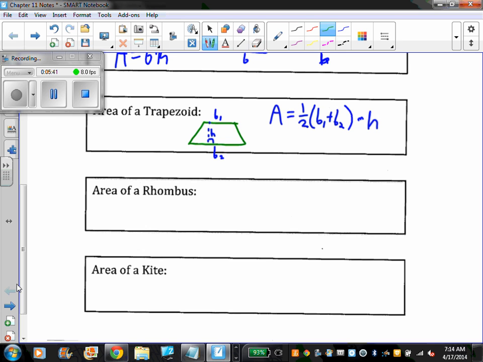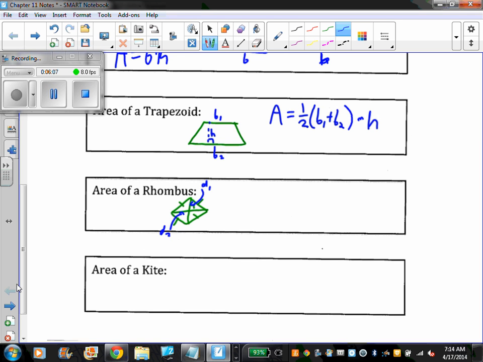When you have a rhombus, remember one thing we talked about in a rhombus, besides the sides having all the same length, is the idea of diagonals, which is where we go kind of across the shape. And we talked about how diagonals in a rhombus are perpendicular, all that good stuff. Well, remember that in a rhombus and in a kite, the diagonals don't have to have the same length. So let's call one of them D1 and the other one D2.